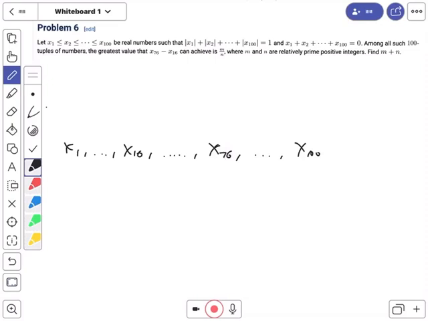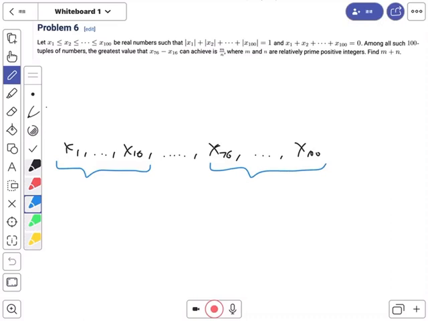So now we can make their absolute sum always equal to 1, and their sum always equal to 0. Since they're in increasing order, for this problem we want to maximize x sub 76 and minimize x sub 16. And the best case would be what?